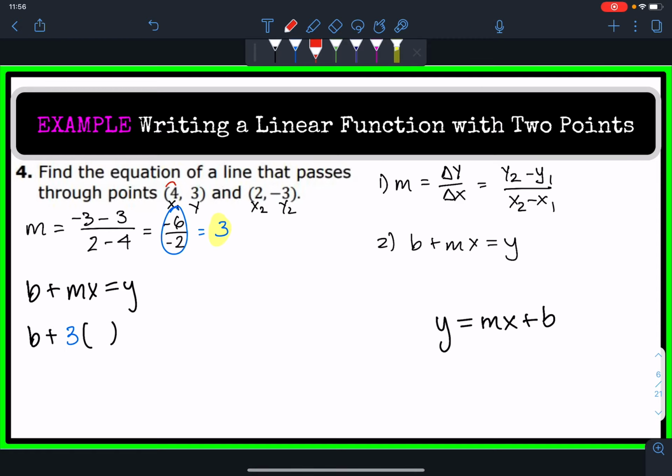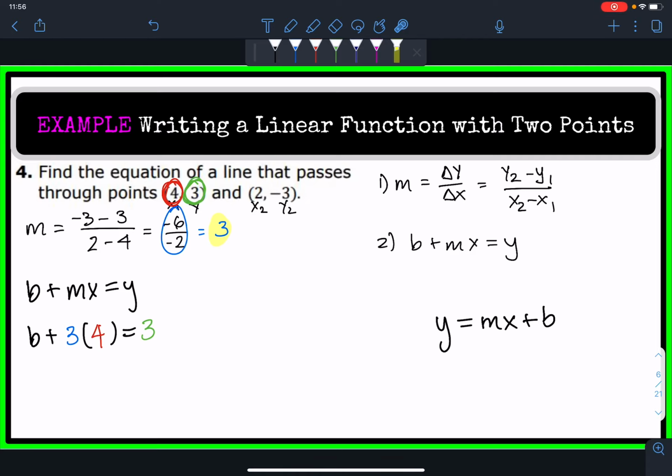So the number I'm going to use for the x is going to be 4. And that's going to equal the y value, which is 3. Since I used the 4 for the x, I have to use the 3 for the y. I cannot use the second set if I use the first set.